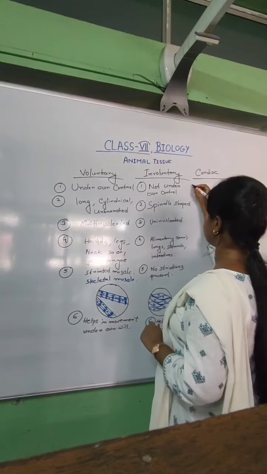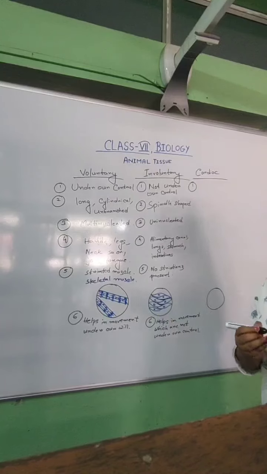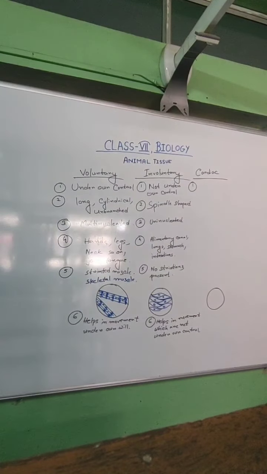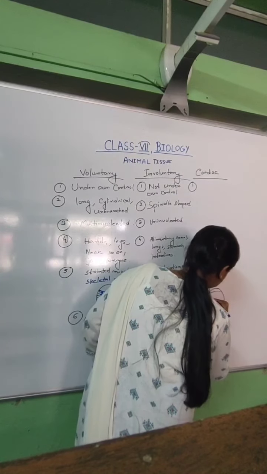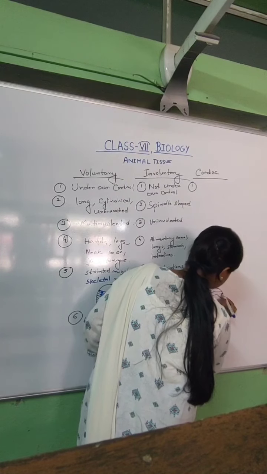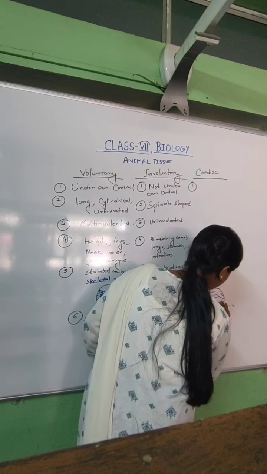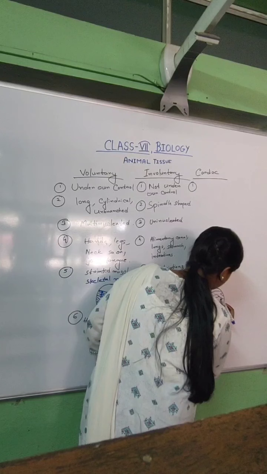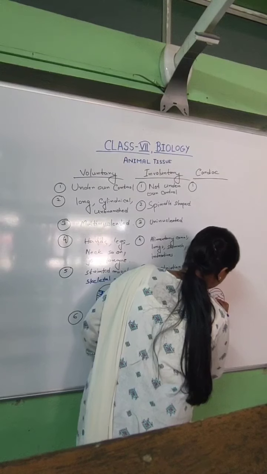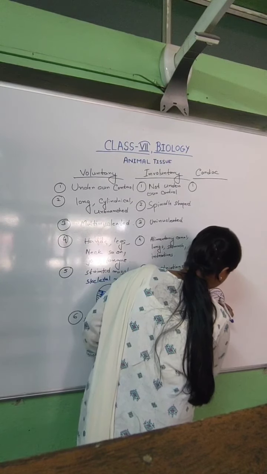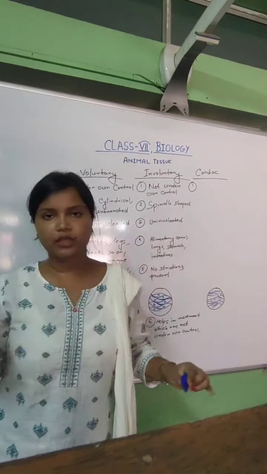For the structure, first draw it. It resembles this one very much. This is also cylindrical, but there are branches. Whenever you draw, please take the book.